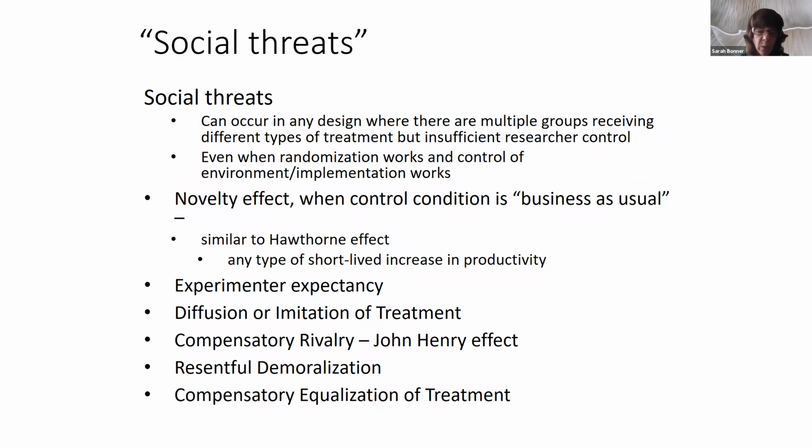And compensatory equalization of treatments is a little bit similar to diffusion or imitation. It's, for instance, the principal being unhappy that some of the students are receiving a special experiment and some of the students are receiving business as usual, and deciding that the people who are receiving business as usual will get a different special treatment.